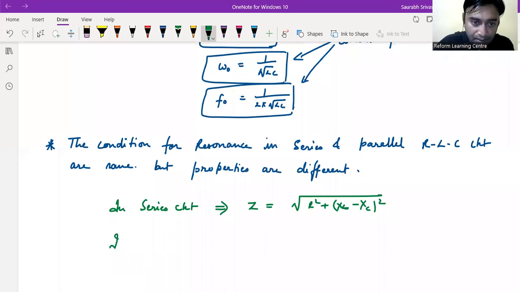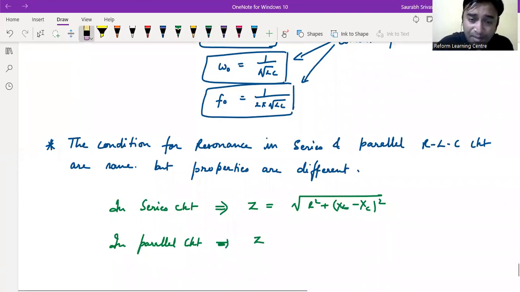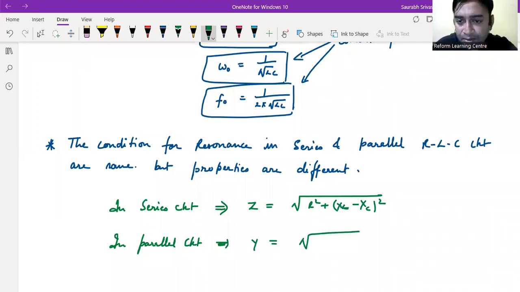Whereas in parallel circuit, Z की जगह पे जैसे वहां पे admittance impedance add होता है, in parallel circuit admittance is added. Now Y will be equal to under root G square plus BC minus BL the whole square. This is for conductance and susceptance.